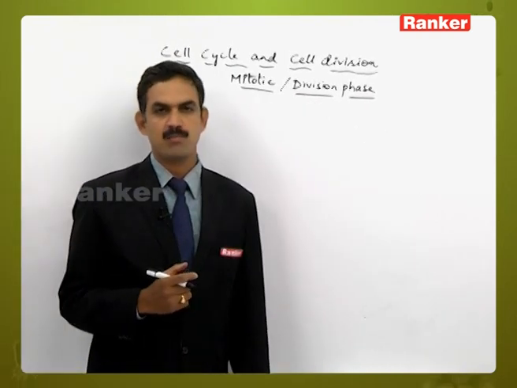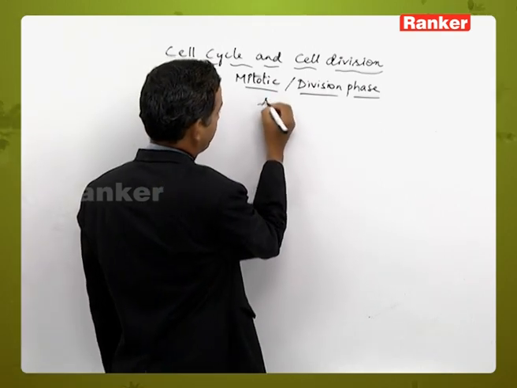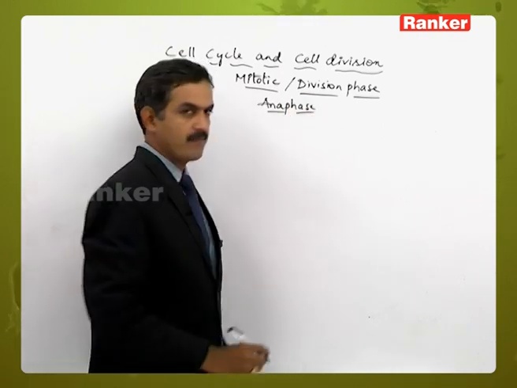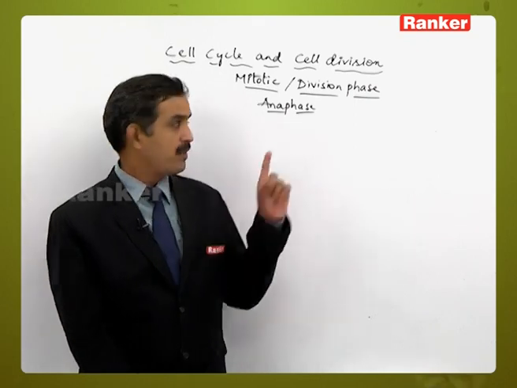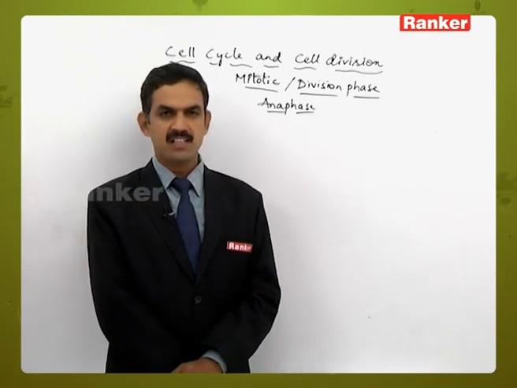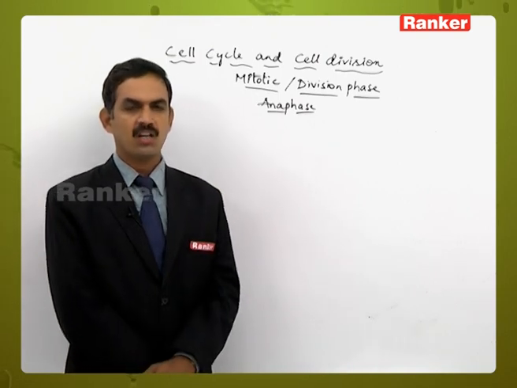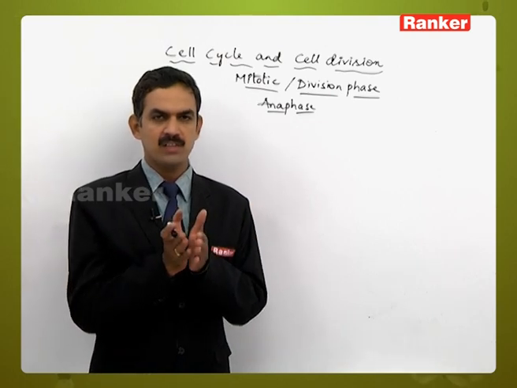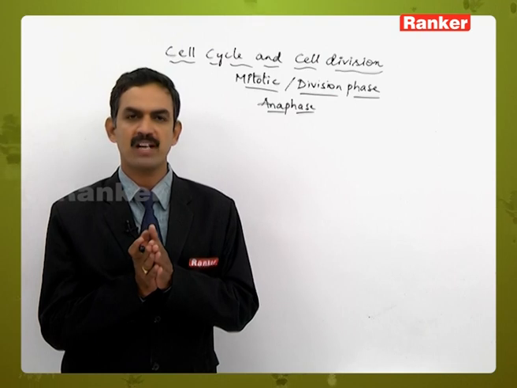The third stage in mitosis is anaphase. Anaphase is considered to be the most active stage. Before anaphase, during the metaphase, all the chromosomes are organized on the equatorial region, moving to the equatorial plate and arranged on it.